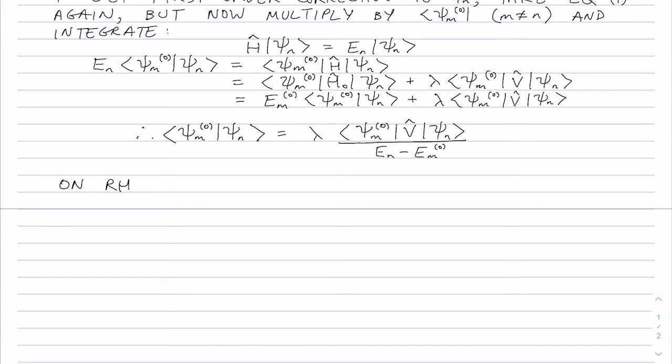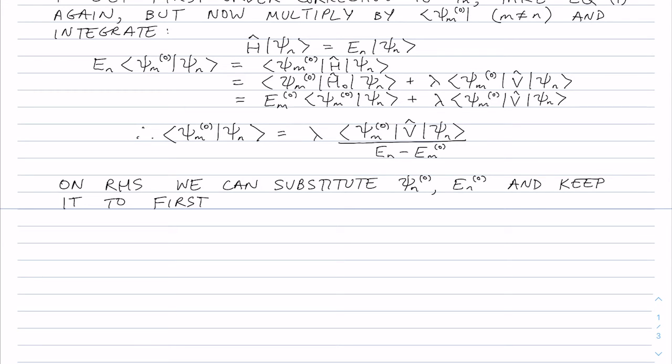On the right hand side here, we can substitute psi_n^0, E_n^0, and keep it to first order in lambda, because there's this lambda outside already.